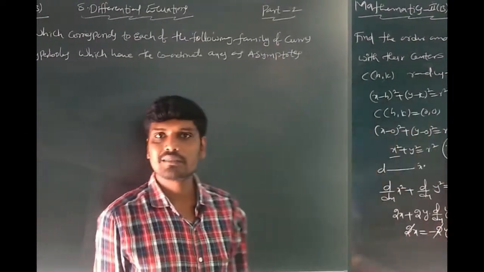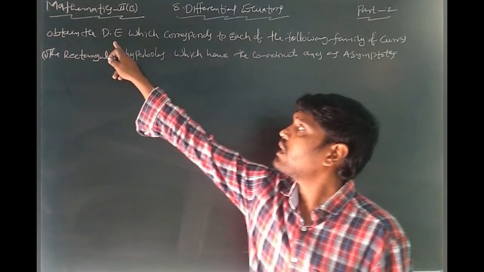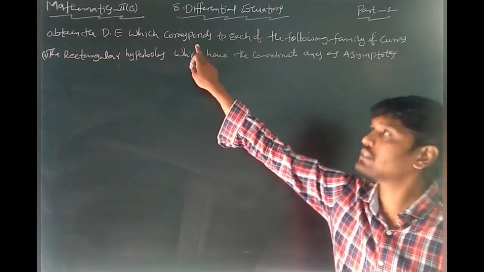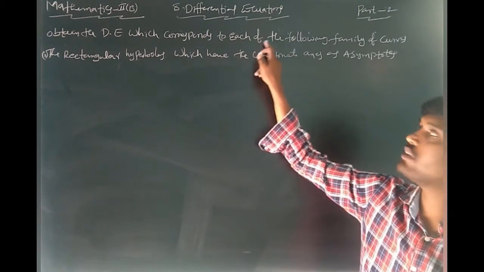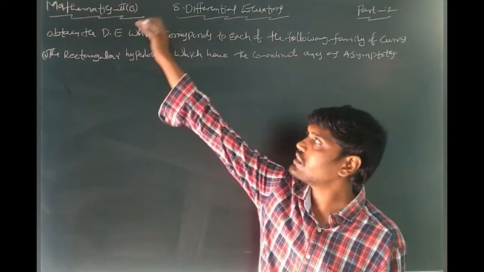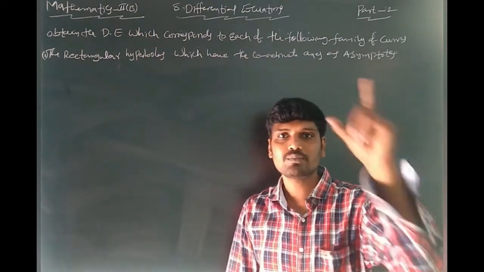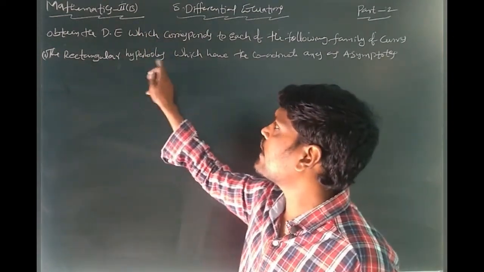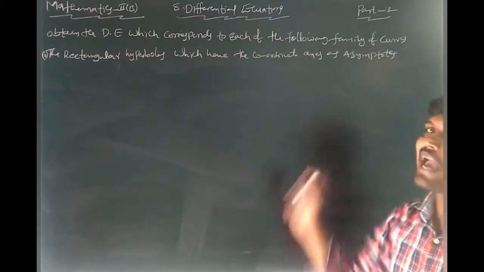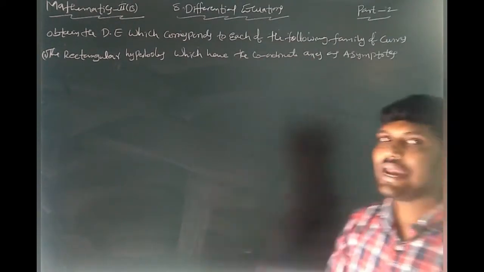The next problem: obtain the differential equation which corresponds to each of the following families of curves. The first problem is the rectangular hyperbola which has the coordinate axes as asymptotes.